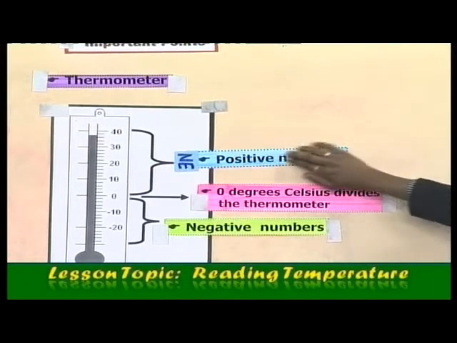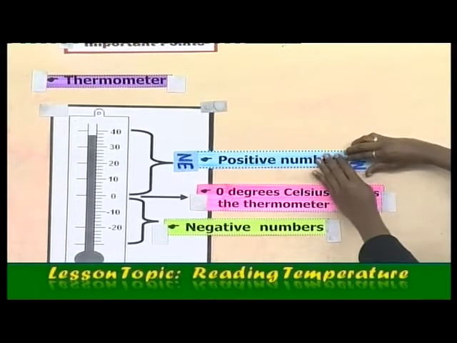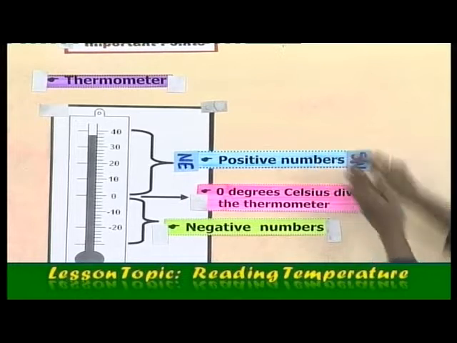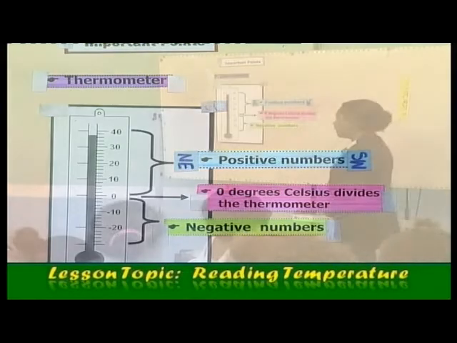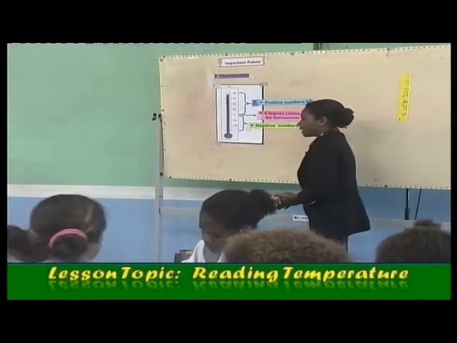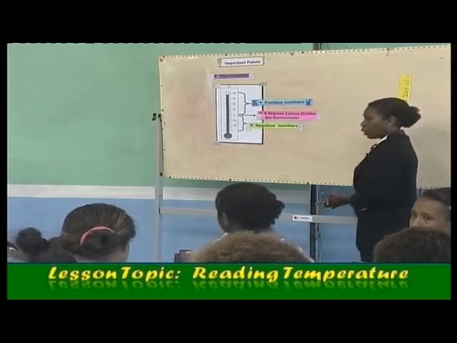So Grade 6s and receiving students, don't forget, these are important things that we need to know from a thermometer. When we are reading a thermometer, we should know which ones are negative numbers and which ones are positive numbers. Negative numbers tell us that the temperature is very, very cold.